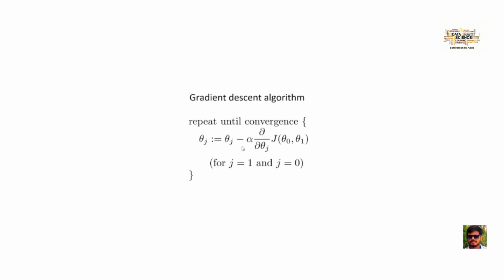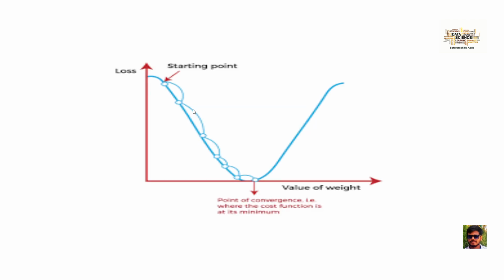Instead of changing the theta naught and theta 1 values directly, we change only the alpha value. When the alpha value is big, it will jump to far places and will not reach the global minimum. It will jump from here to here and here to here. It will not reach the global minimum.